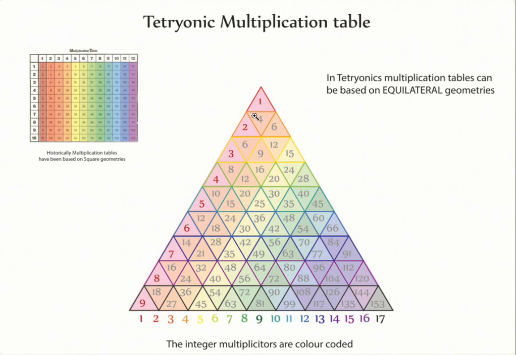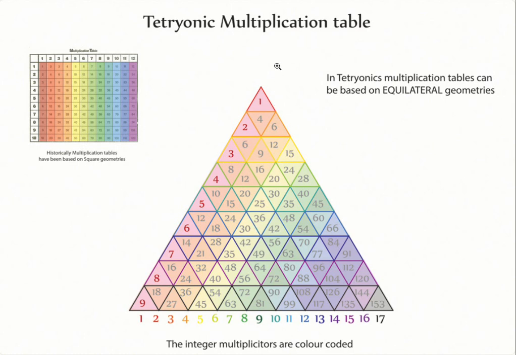We can of course develop a multiplication table using Tetryonic geometries, but I still find the traditional squared geometries of mathematic tables friendlier for learning purposes than the equilateral geometries of Tetryonics.